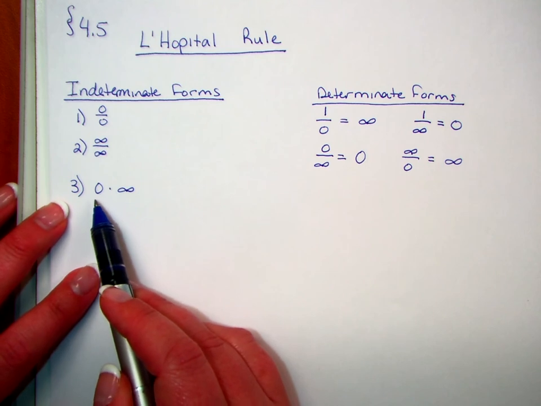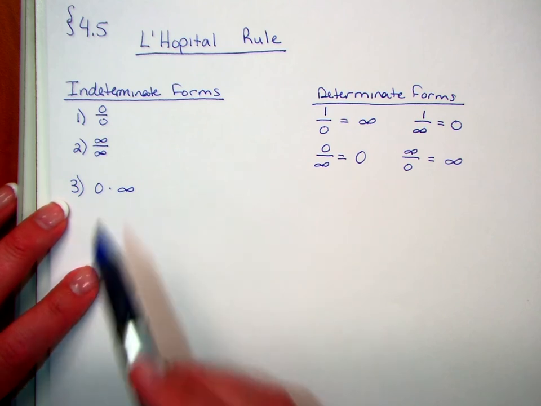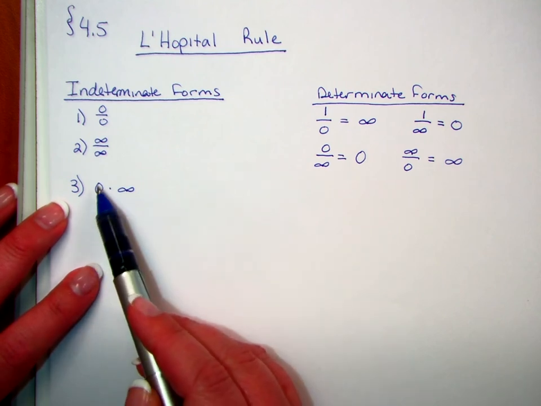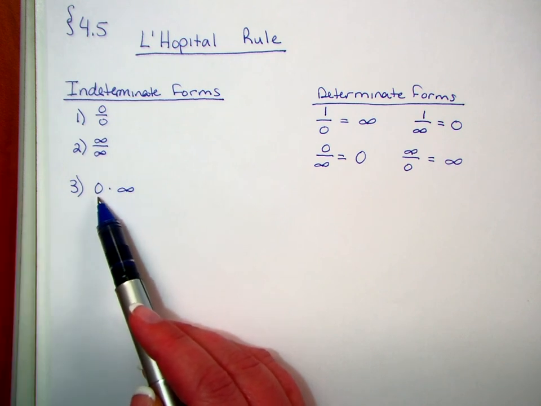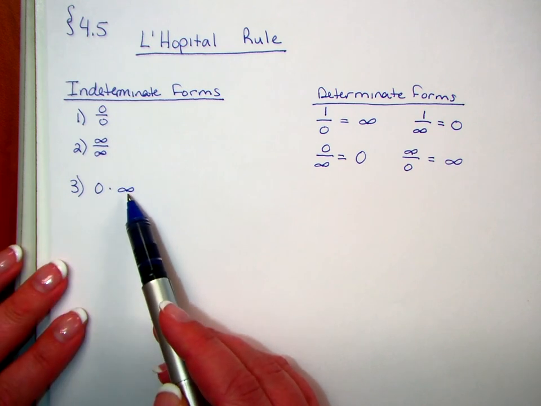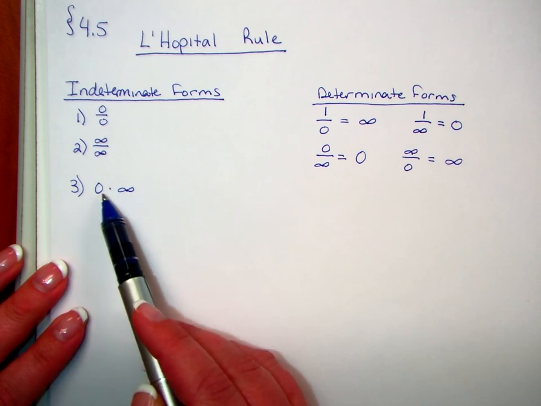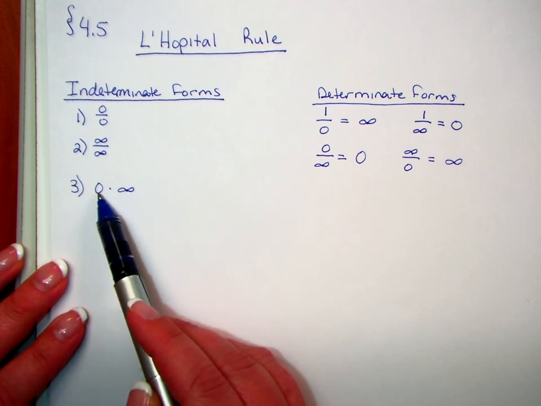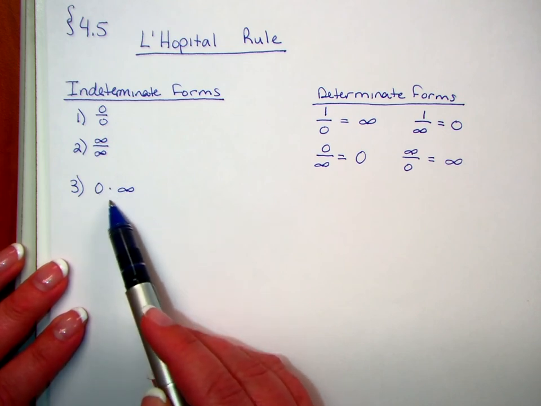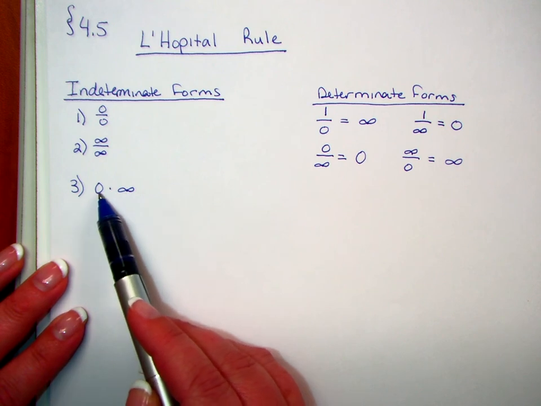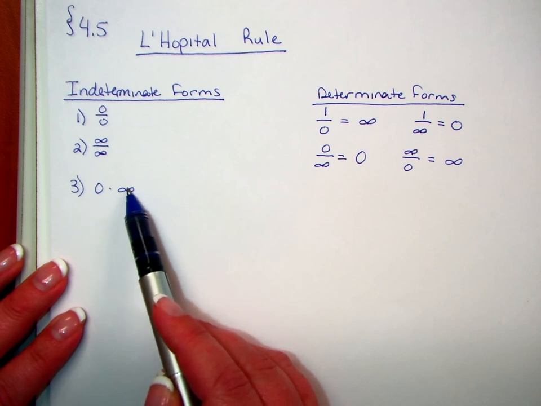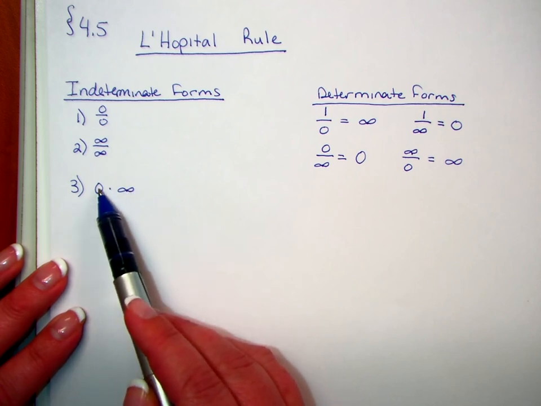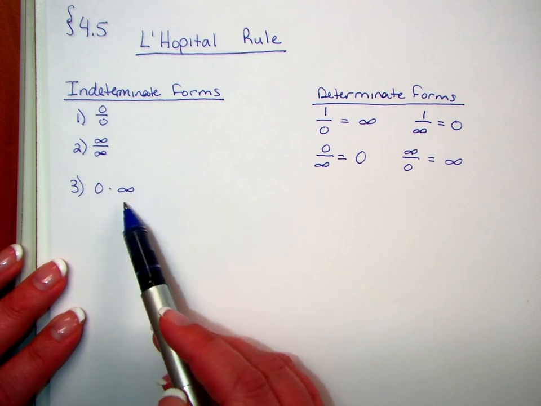If the first function, say this is f of x and this is g of x, if the limit of f went to 0 and the limit of g went to infinity, it depends on which one's going faster. Is the function heading to 0 faster than the function heading to infinity? Well, if it's going to 0 faster, the answer is going to be 0. If this function is heading to infinity a lot faster than this function is heading to 0, then the answer is going to be infinity.